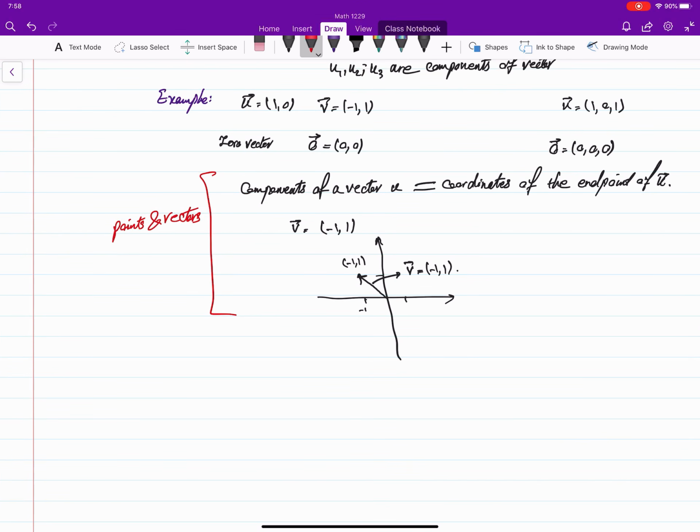Well, we saw that vectors are a special case of directed line segments. The directed line segments starting from the origin are called vectors.